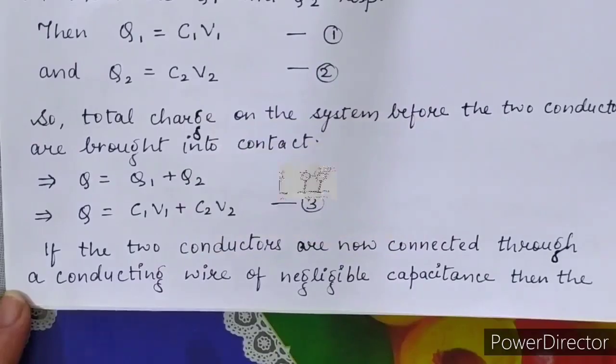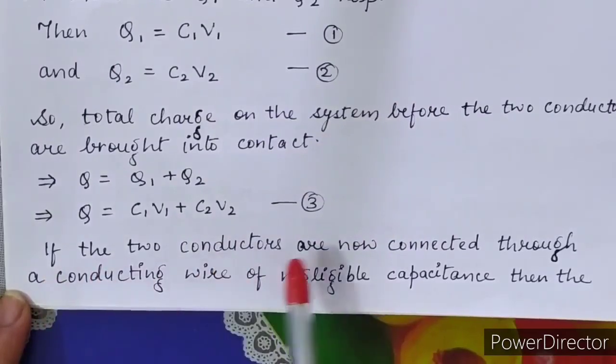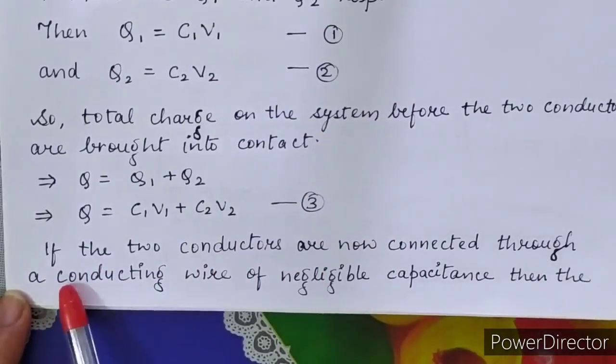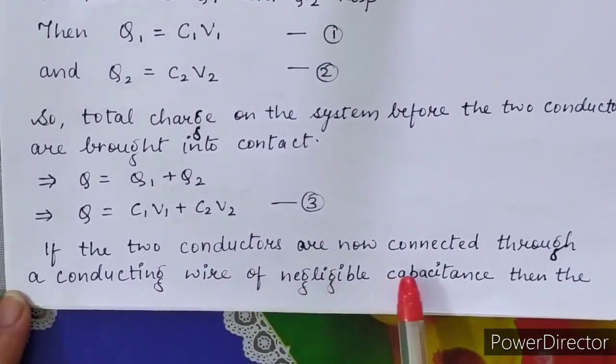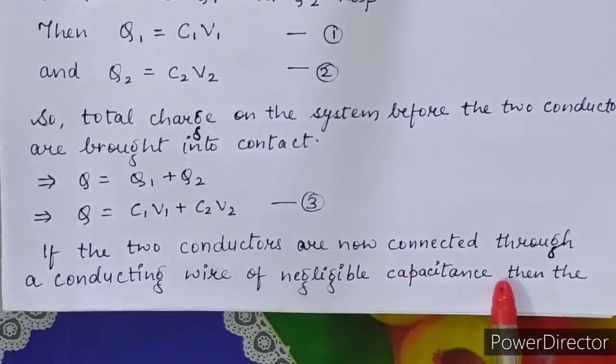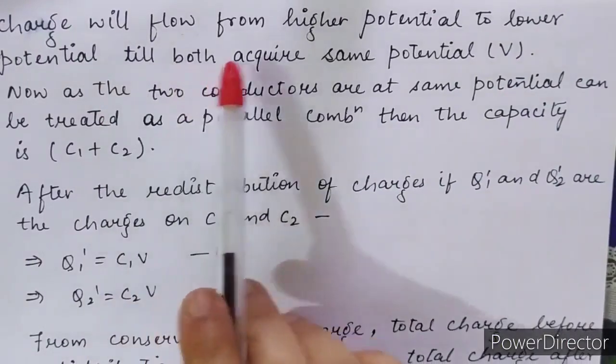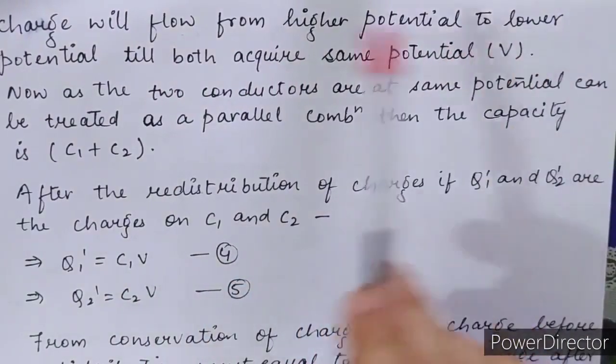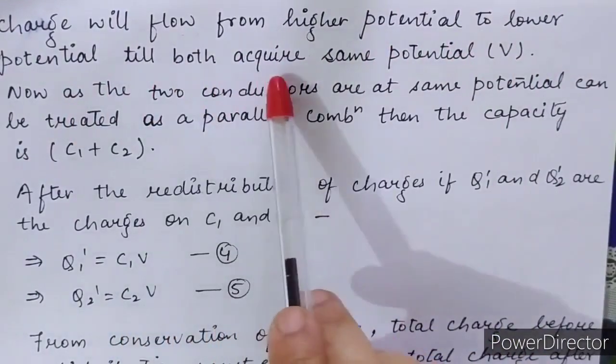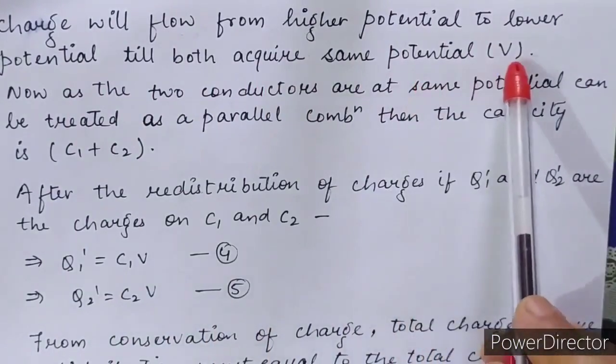So if the two conductors are now connected through a conducting wire of negligible capacitance, then the charge will flow from higher potential to lower potential till both acquire the same potential V.